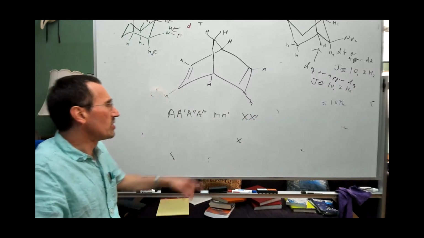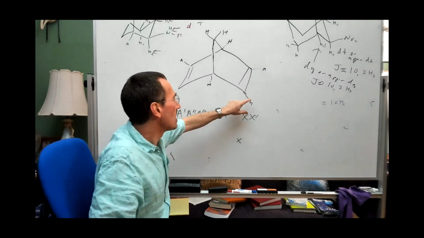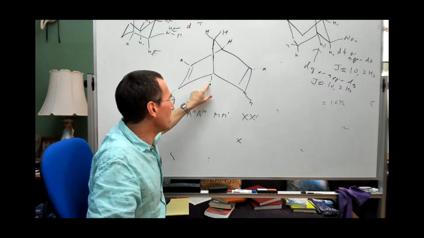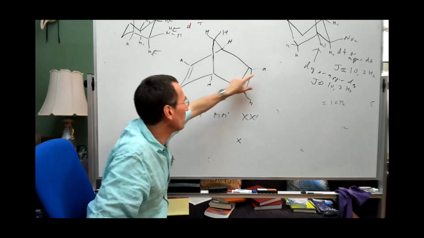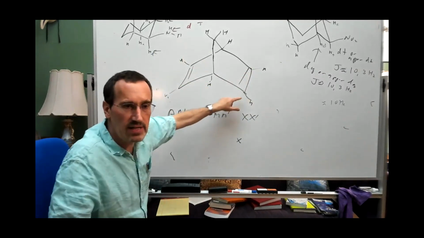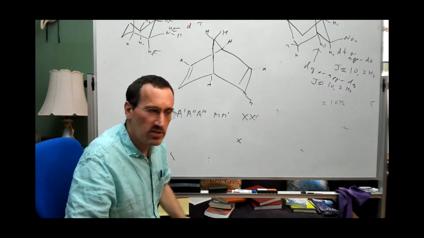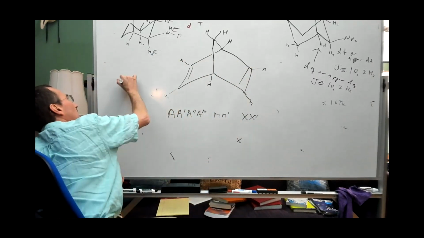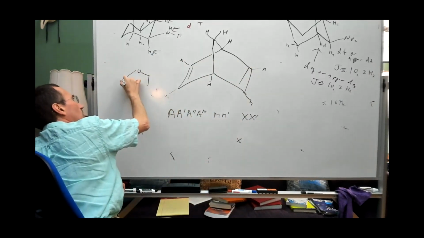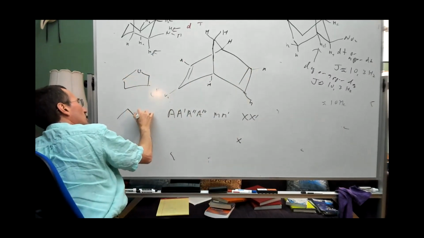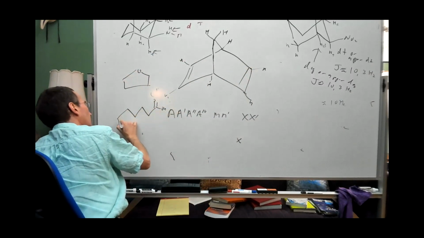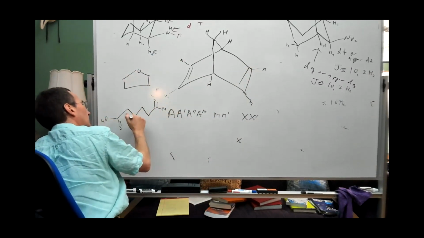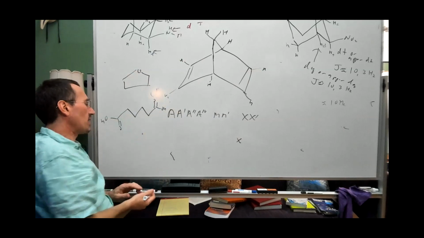Furthermore, in Norbornadiene, this proton here isn't just coupled to these two protons, it's coupled to these two because they're on top of these. Very much like the systems we looked at for tetrahydrofuran and also for glutaric, or I guess it was adipic acid, right?